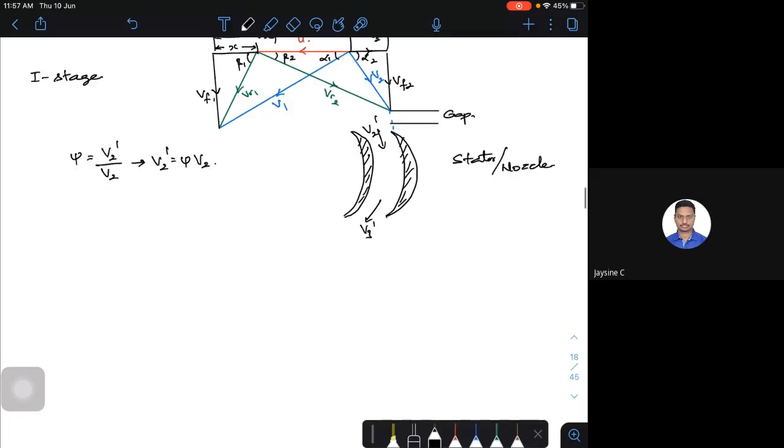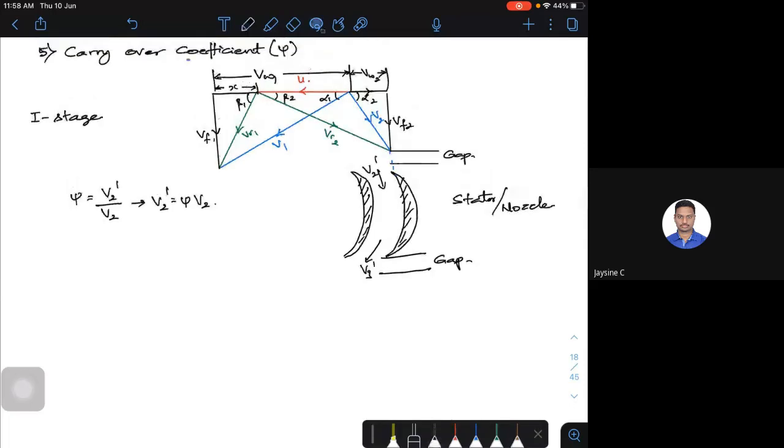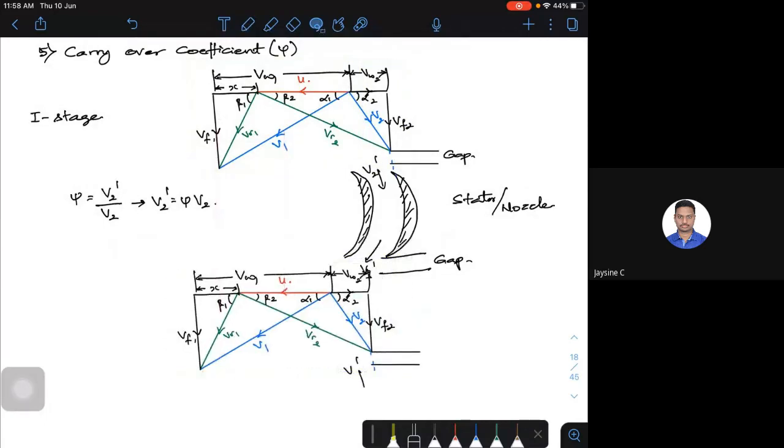Here also I'll be having a gap, and I do have a carryover coefficient from the stator to the next stage of the rotor. So if I try to draw the next stage of the rotor, let me write it. Next stage of the rotor, this is what it's going to see.